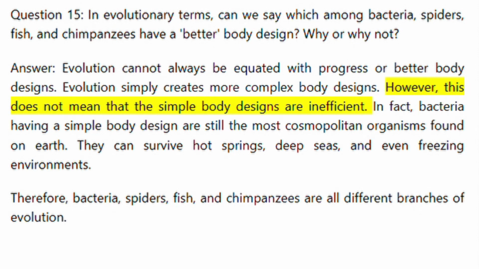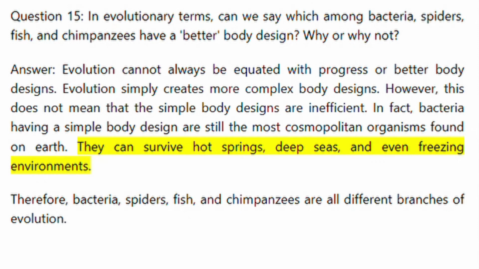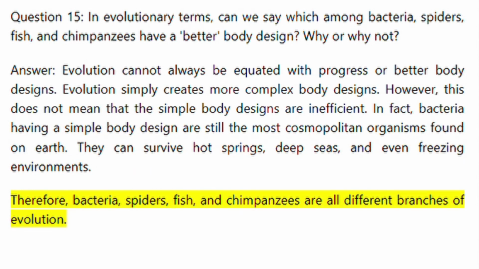However, this does not mean that the simple body designs are inefficient. In fact, bacteria having a simple body design are still the most cosmopolitan organisms found on Earth. They can survive hot springs, deep seas, and even freezing environments. Therefore, bacteria, spiders, fish, and chimpanzees are all different branches of evolution.